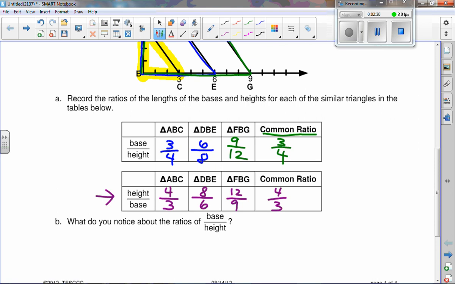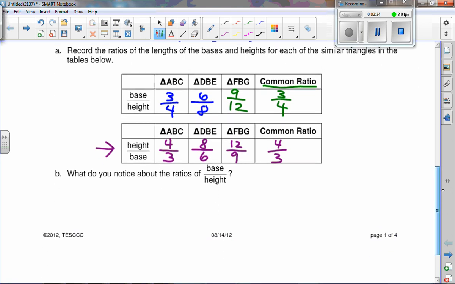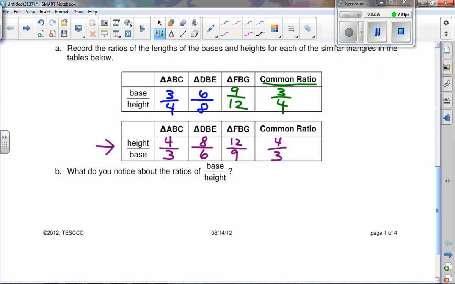Okay, what do you notice about the ratio of the base and height? The answer to this is that the ratios are equivalent ratios. When simplified, the ratios are equivalent to 3/4.